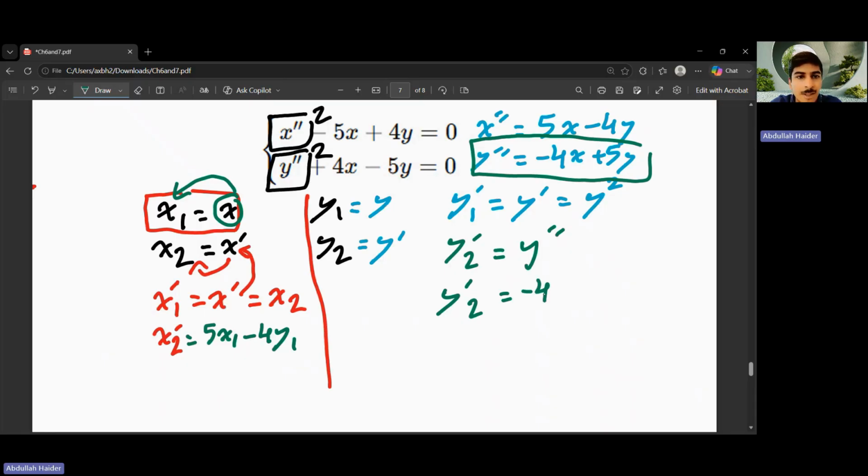So minus 4x, where x refers to x1, plus 5y. This y over here refers to y1.